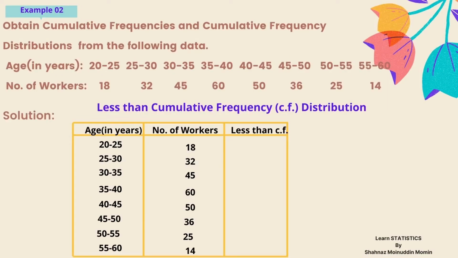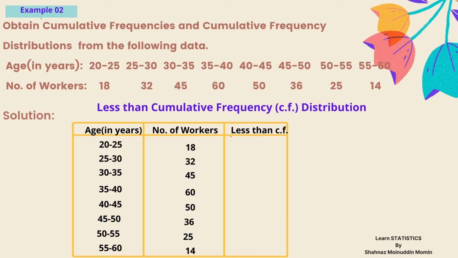To understand the numerical calculation of cumulative frequency and cumulative frequency distribution, we shall see one more example. Now let us start with example 2. Obtain cumulative frequencies and cumulative frequency distribution from the following data.